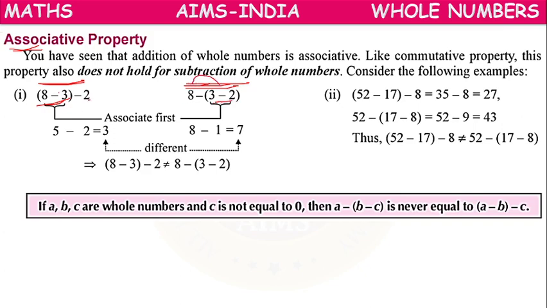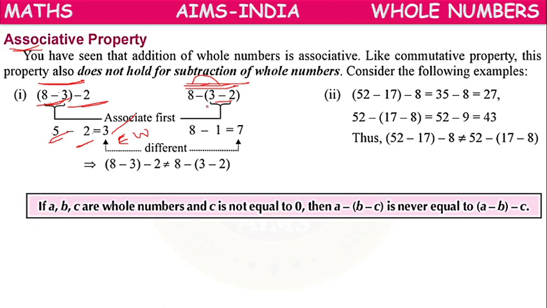Like that, the grouping changes. In one case, first and second are grouped; in the second case, second and third are grouped. Let's see the result. 8 minus 3, then minus 2: 5 minus 2 is 3, which is a whole number.